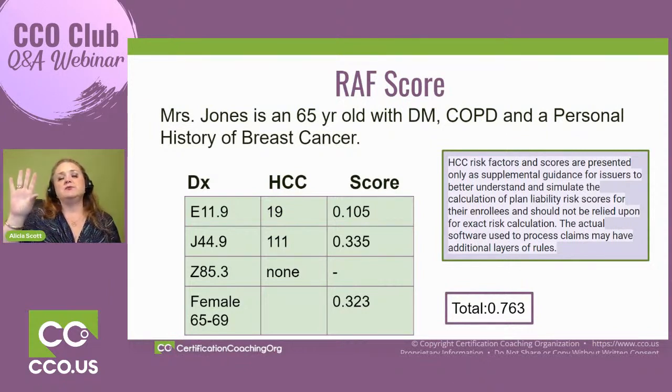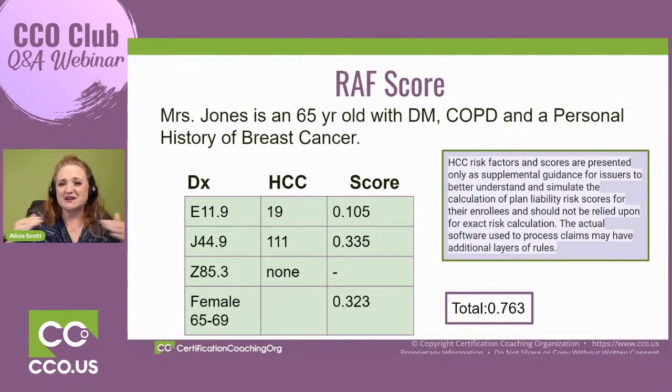Now, I went ahead and put this little purple box up here because that is a statement that's on the site where you find a code that says, this is a tool. It's not 100% accurate because there are nuances to the software that Medicare actually uses.